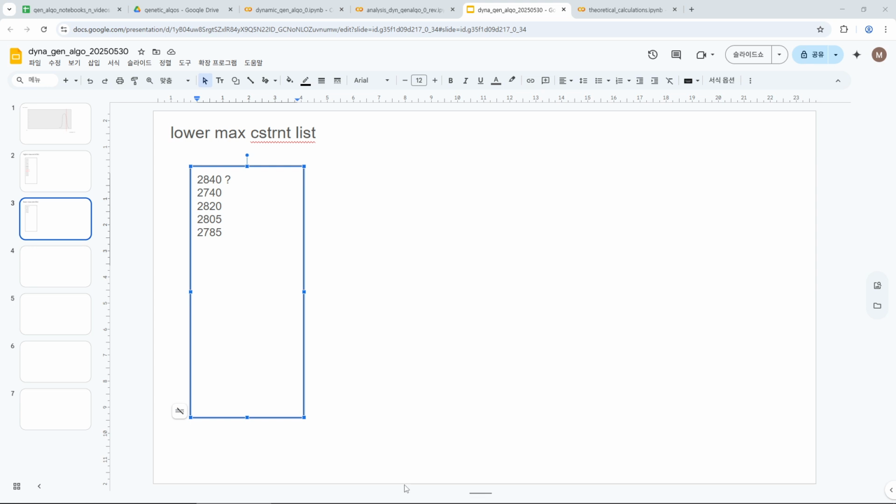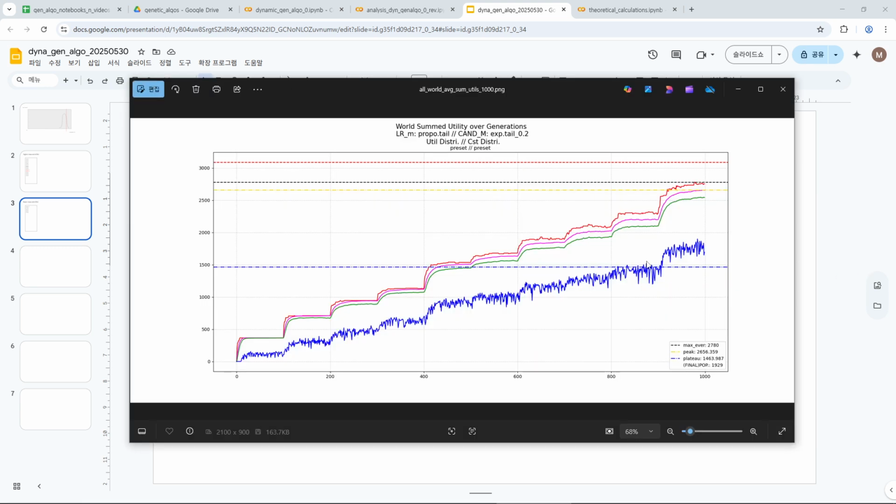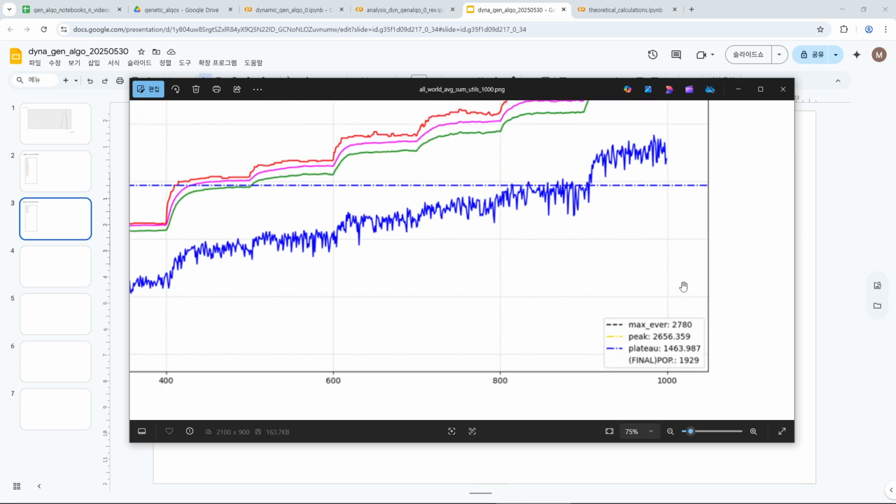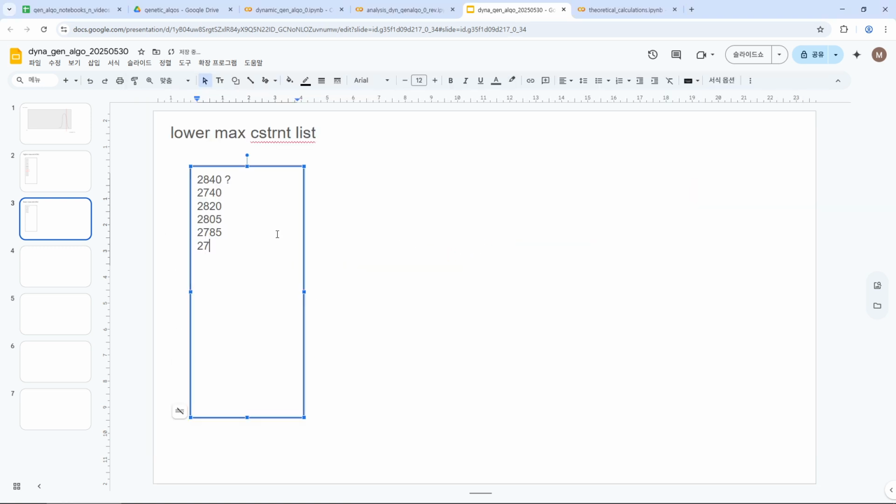And in the next one, now we have the population increased to 2000, and the number of generations is back to being 1000. That is 10 eras and 100 generations in each era. So let's have a look. There we go. Now the maximum ever in this case is 2780. Let's just write that down.